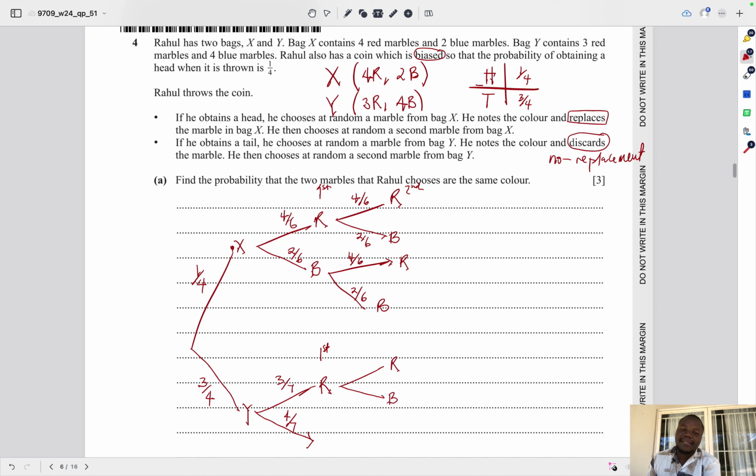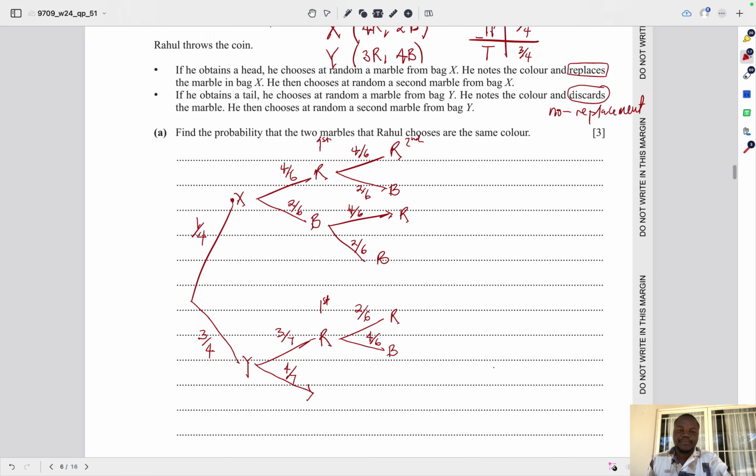So now if I picked red in the first pick and I discarded that, it means I've got 2 red balls remaining out of 6. And then here for the blue balls, I'm still going to have the same number, since the first one I picked is not a blue one. So I'm just going to have 4 out of 6. Okay, I'm going to create that space here.